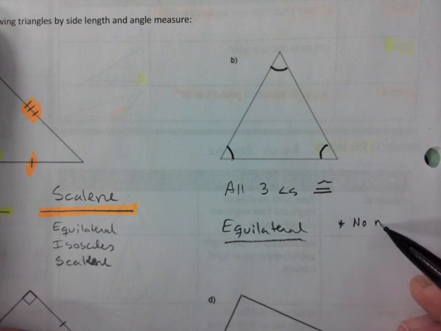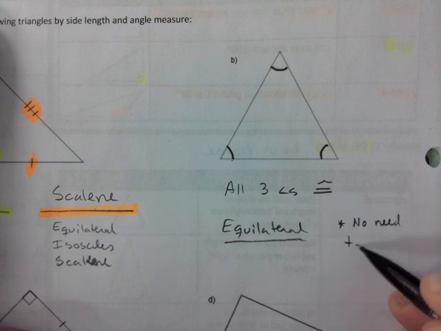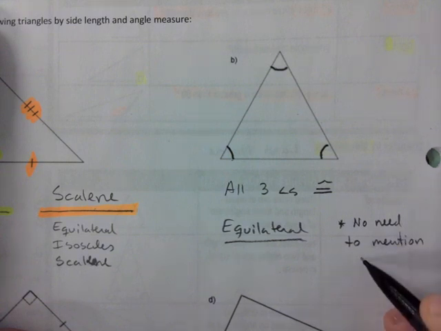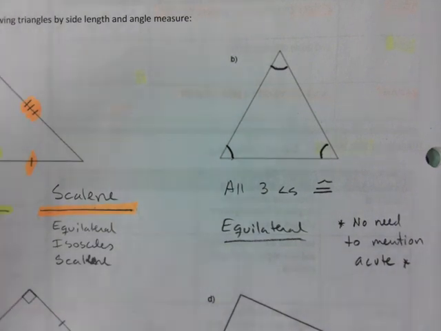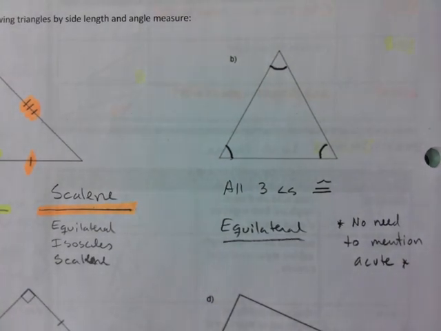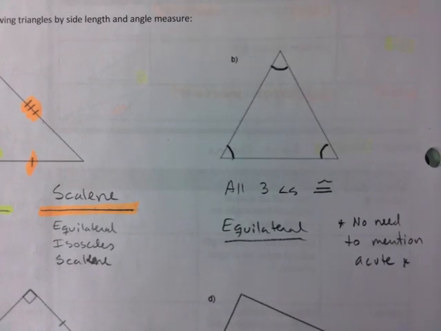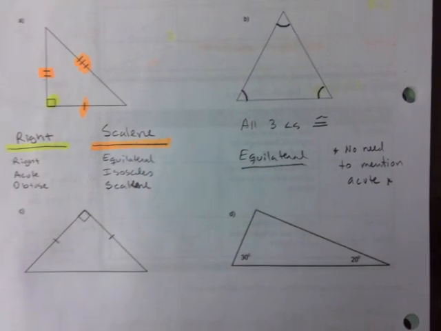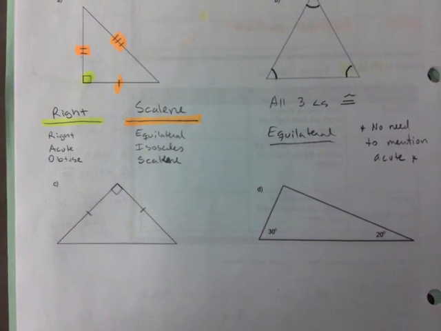No need to mention acute. Okay, you don't need the acute in front of it because by definition an equilateral has all angles 60. Doesn't hurt, but it is what it is. Let's try a different one. Let's try C.